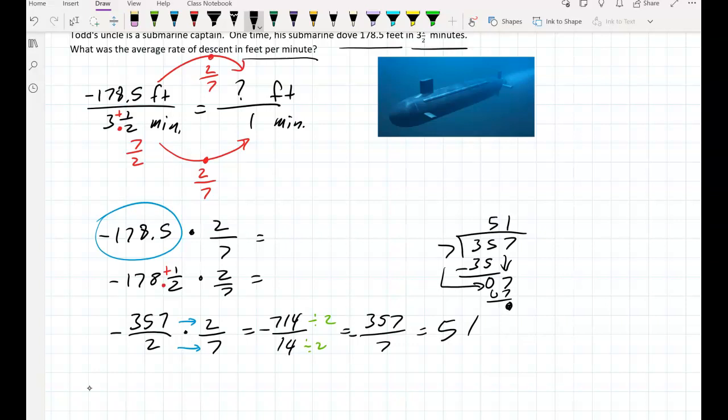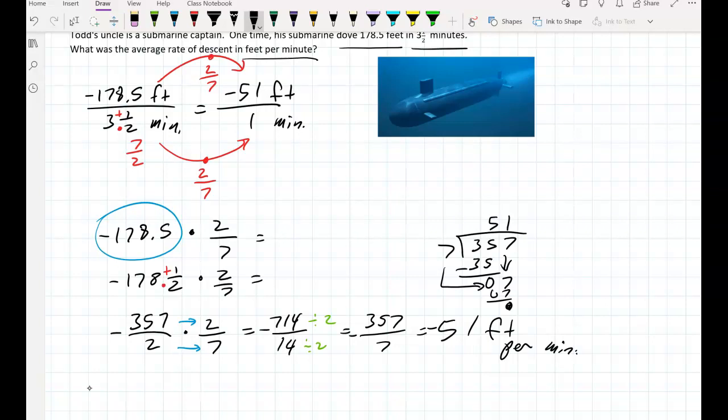And that's negative 51, of course. So, his rate of speed for diving would be negative 51 feet per minute.